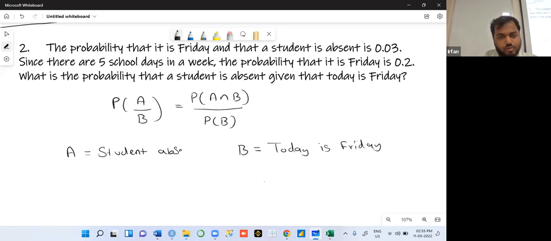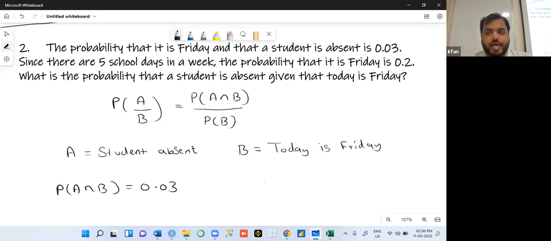absent. Now guys, again I'm reading. Probability that it is a Friday and student is absent. Can I say both? Student is absent also and we have Friday. What is the probability? Clear?